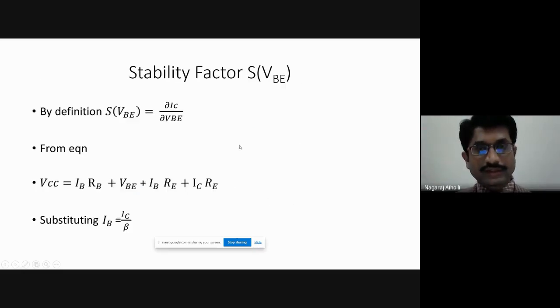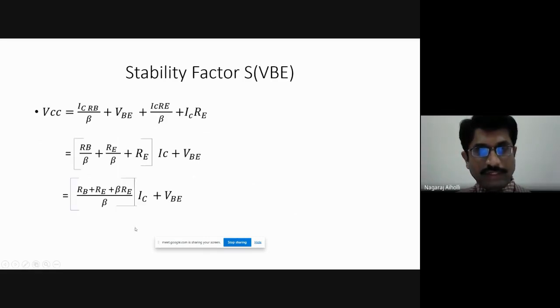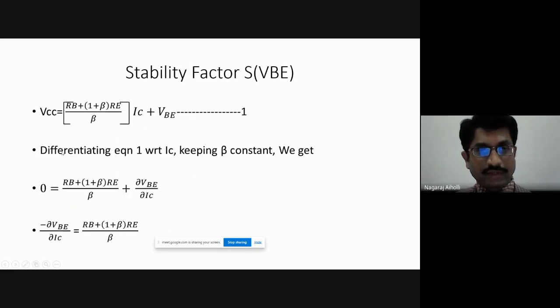Then next we discussed S of VBE, stability factor with respect to VBE. We obtained the equation first for the input loop, that is VCC is equal to IBRB plus VBE plus IBRE plus ICRE. Then we substituted IB is equal to IC by beta and obtained the simplified equation. On obtaining it, we differentiated the equation with respect to IC, keeping beta constant.